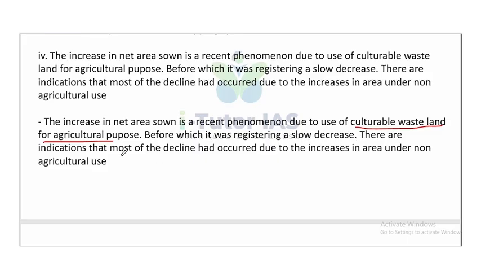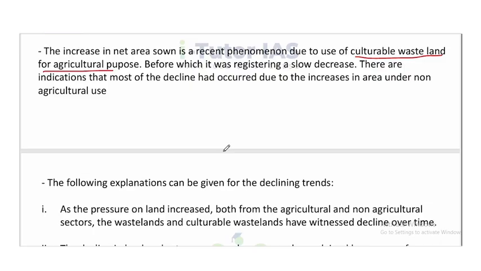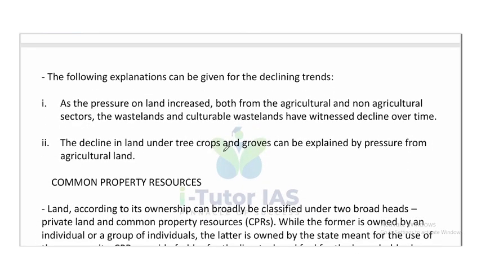There are indications that most of the decline has occurred due to the increased areas under non-agriculture use. Okay. Now, the following explanations can be given for the declining trends.